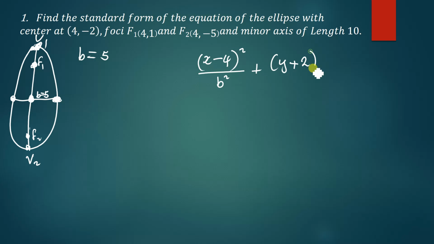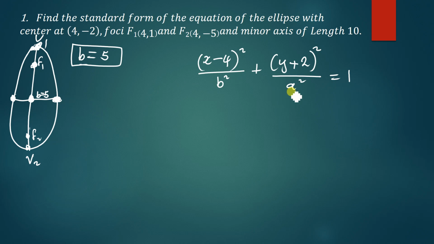If we equate that to 0 to find the y coordinate, it will come to -2. We've managed to find the value of b, because the distance from there to there is b, and it has been given that the distance from this point to that point is 10, meaning b is 5.